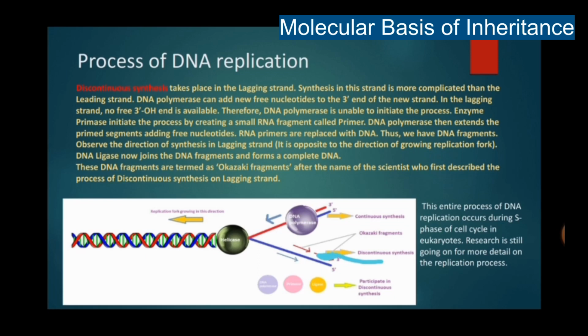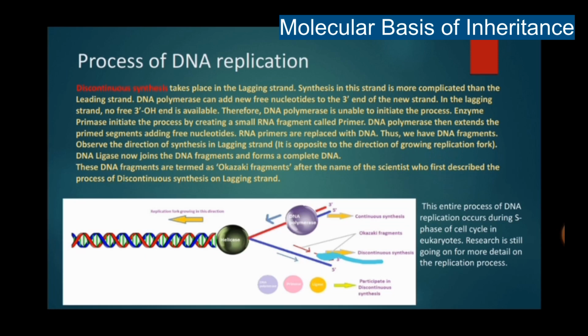Now, as soon as this RNA primer is created, a free 3' hydroxyl group is available to the enzyme DNA polymerase. Now, children, DNA polymerase can add free nucleotide to this RNA primer. So we got the free nucleotide. What happens? A small fragment of new DNA is being formed on the lagging strand.